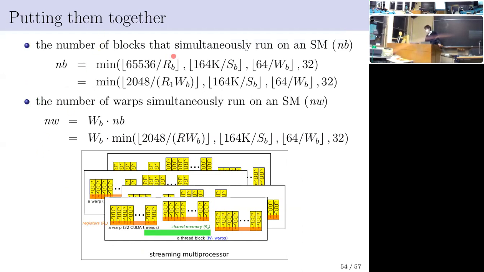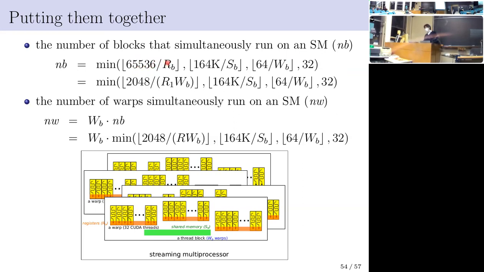So the number of blocks that can simultaneously run on a single streaming multiprocessor, let's call it MB, is simply the minimum of these four quantities. This one comes from the register limitation. The streaming multiprocessor has only 64,000 registers.